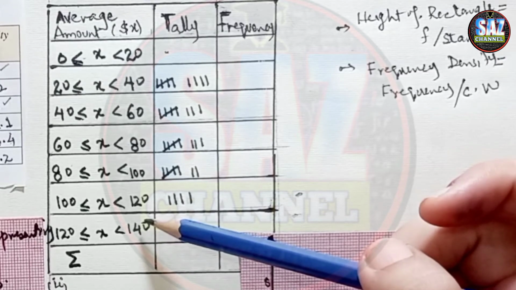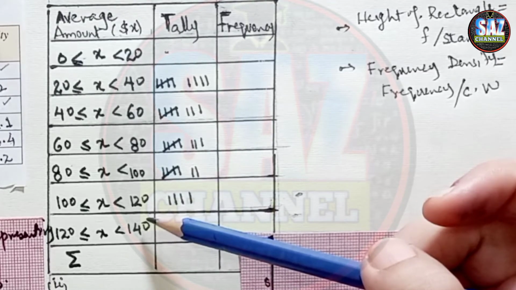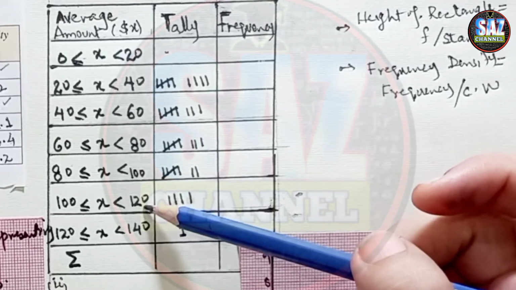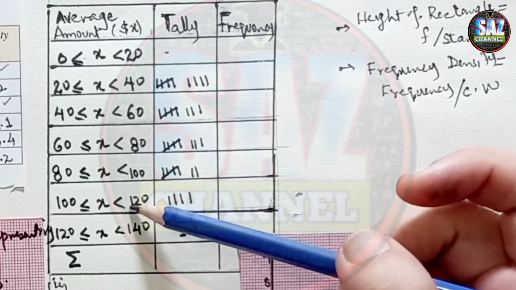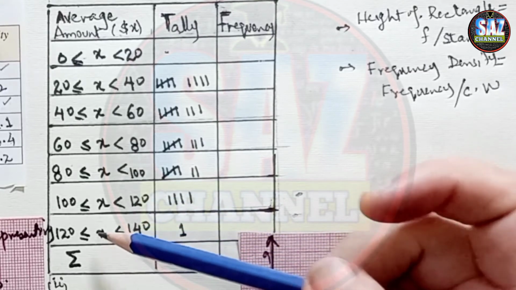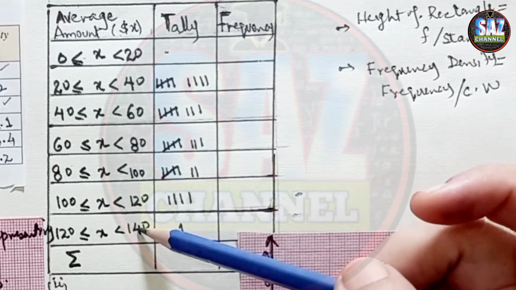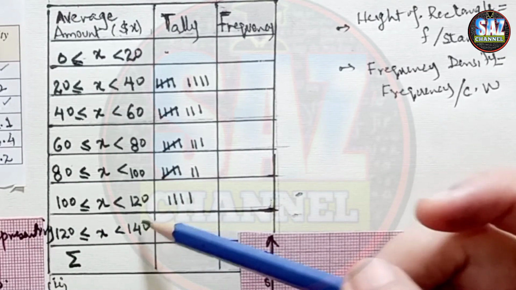Okay, 120 and 101. Here 120 is included. So that's why we are taking the numbers from 120 to 140 in the last class.